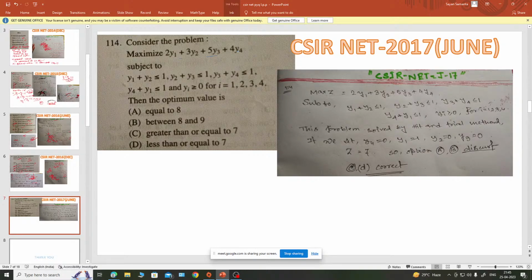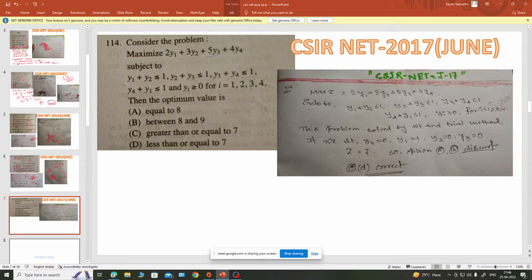Here I can say this problem can be solved by the hit-and-trial method. What is the hit-and-trial method? It means I consider some points and solve it. So this problem we solve by the hit-and-trial method.